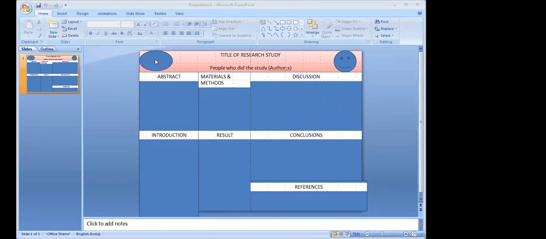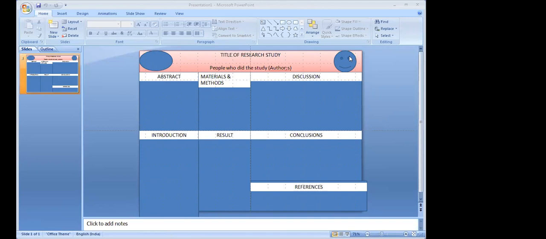You can put the logo here or here. But if your project is government funded, you need to put your college logo as well as the logo of the project funding body.